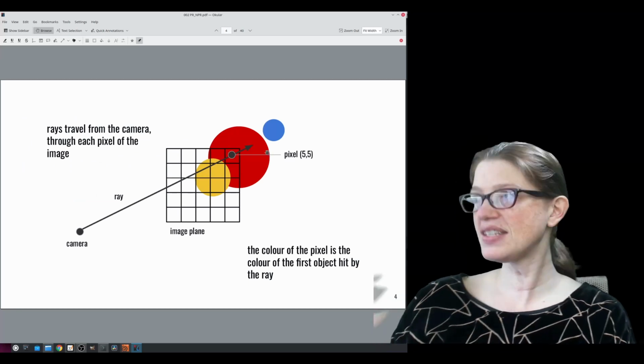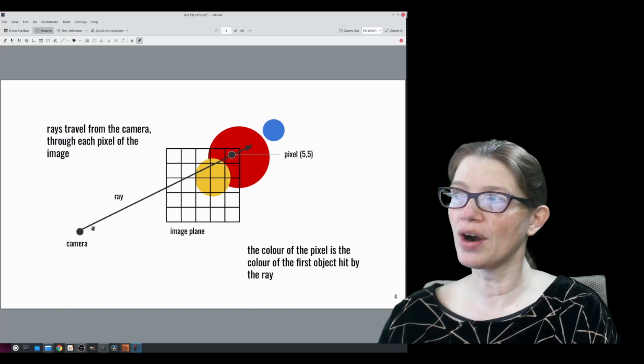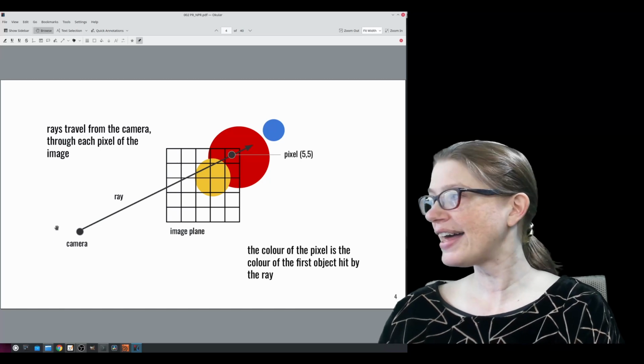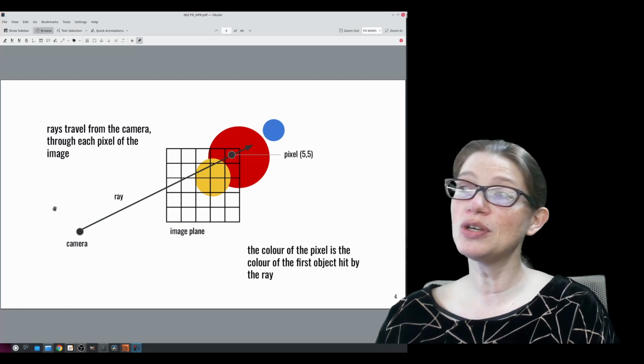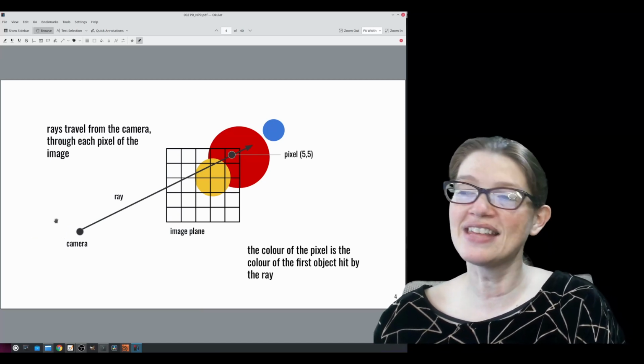So let's use this diagram to show you what we mean by ray casting. You're going to have a camera or an eye. In any rendering application, sometimes they use the term camera, and sometimes they refer to it as the eye.